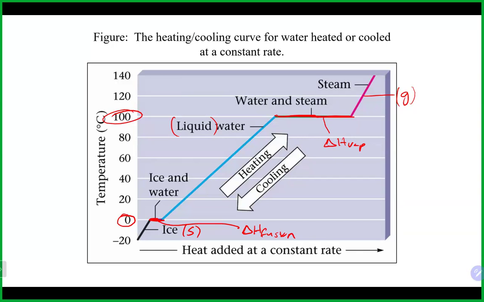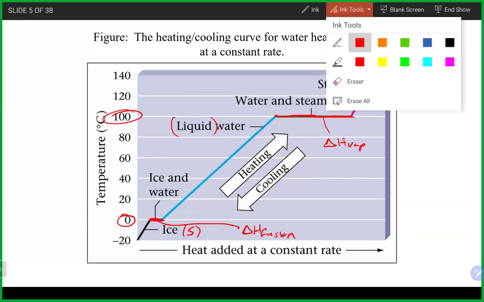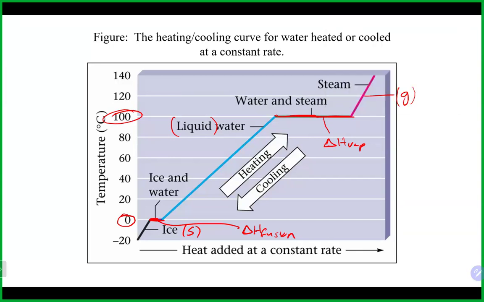Now, if we look at this graph, we have some other segments along the way. In these segments here, the temperature is changing, but everything there is basically in the solid state. This also is the temperature changing all the way through here, but everything here is also in the same state.